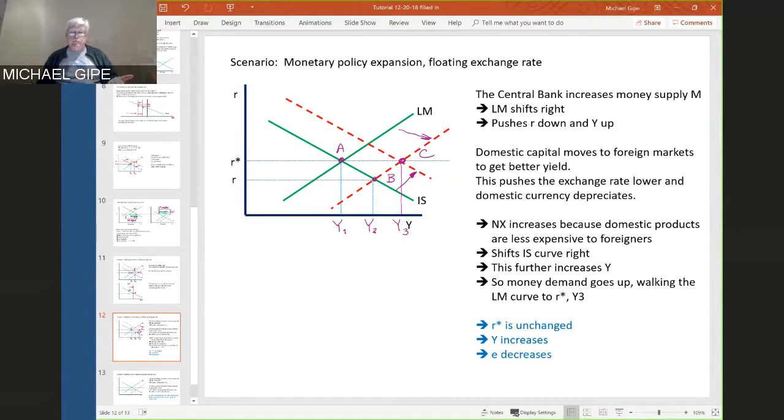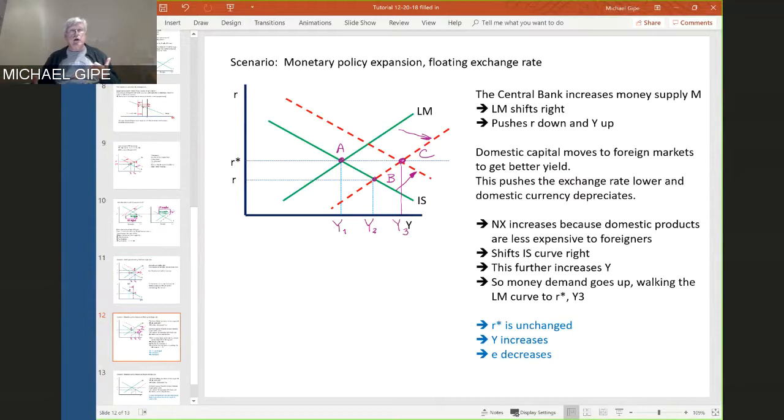So money demand is going up, output's increasing, money demand's going up. We're going to walk up that LM curve until we reach that same equilibrium worldwide real interest rate, R star. So the bottom line here is that after we do a monetary expansion, we increase the money supply, the interest rate is actually unchanged.